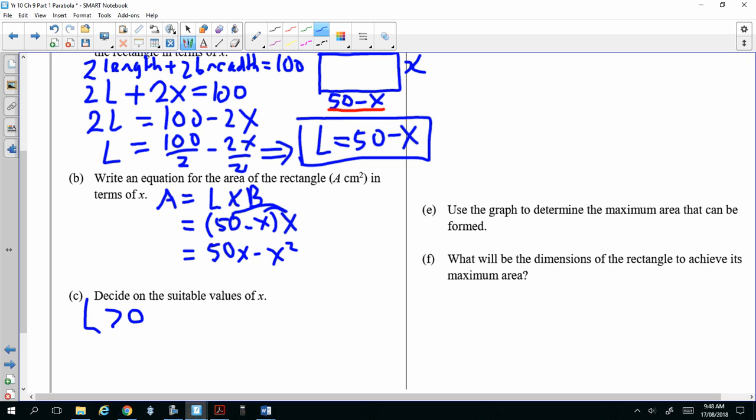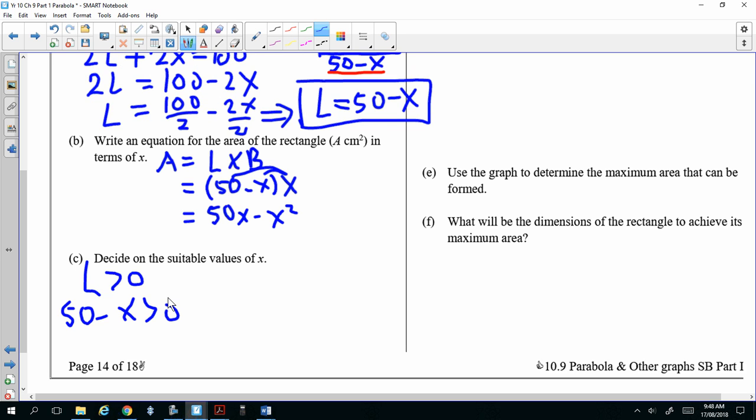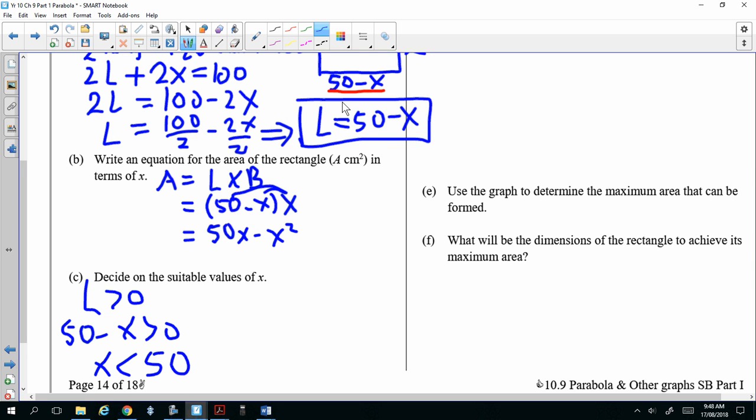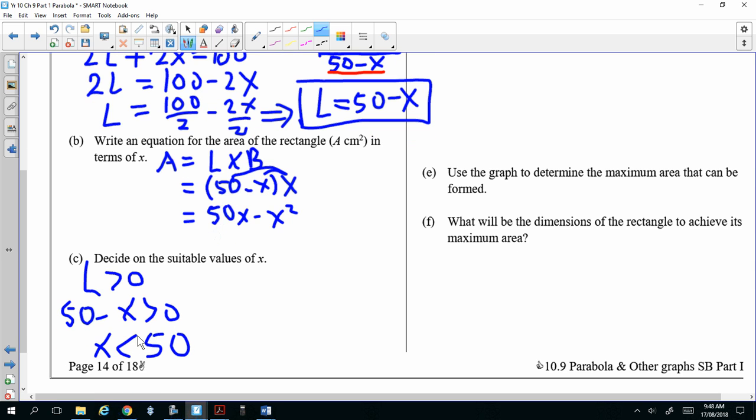The length has to be positive, means 50 minus x has to be positive. Therefore, x has to be less than 50, isn't it? If x is more than 50, then the length will be negative. So therefore, x has to be less than 50. But because x stands for the breadth of the rectangle, x also has to be positive. So it's in between 0 and 50. Those are the suitable values of x.